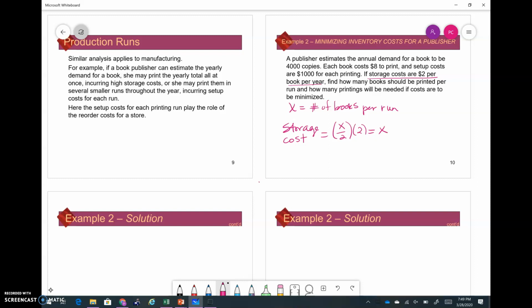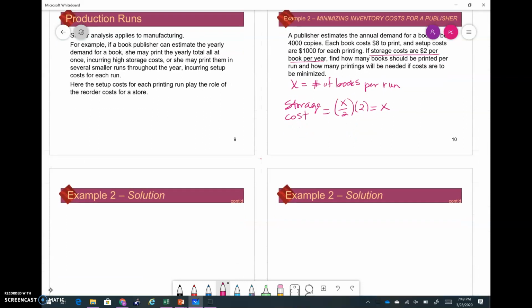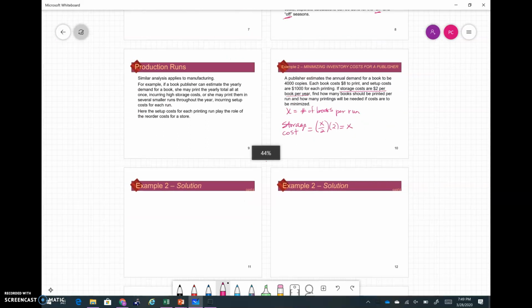Then we also need to look at production cost. To come up with production cost, we need to know how much it's going to cost each run, or each printing. I'm going to slide down here real quick. For those production costs, let me zoom this in just a little bit. There we go.